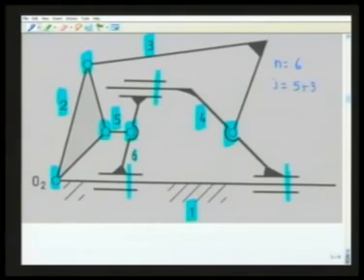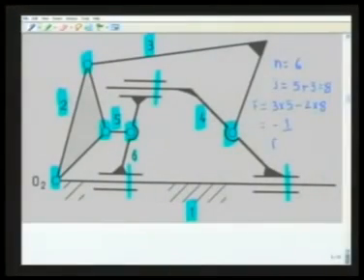So j is 8. Consequently, the degree of freedom of the mechanism F is 3 times (6 minus 1), that is 15, minus twice j, that is 2 times 8, 16, and we get 15 minus 16, that is minus 1.